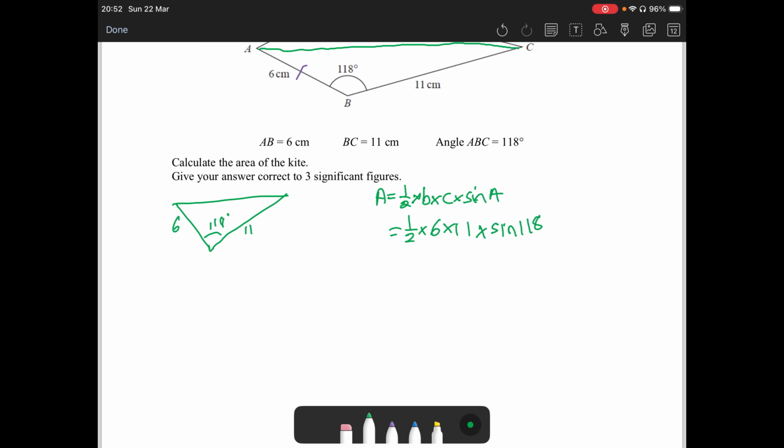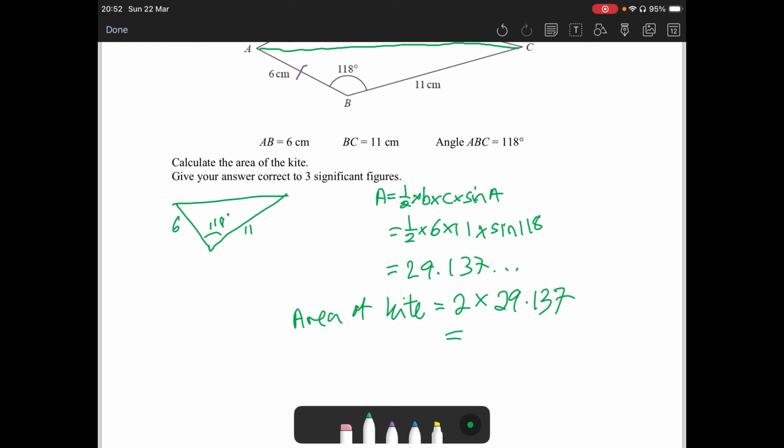Sine 118. Now this will give you the area of one of the triangles. So 0.5 times 6 times 11 times sine of 118. It's going to give me 29.137 dot dot dot. But obviously the area of the kite will be two lots of this, because as I said earlier, these two triangles are symmetrical and they are the same area.